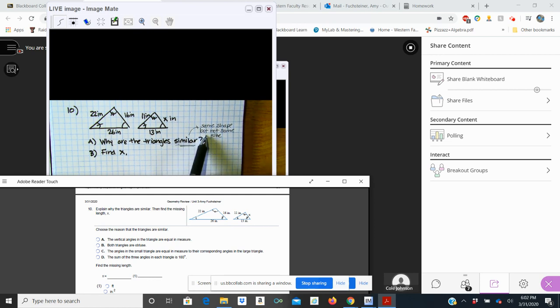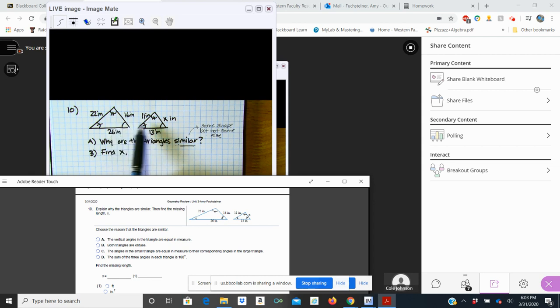That is the same shape, but not the same size, because their angle measurements are all paired up. This mark here with this mark here means these two angles are the same measurement. This mark and this mark are the same, meaning those two angles are the same measurement. And then the third pair of angles are also the same.